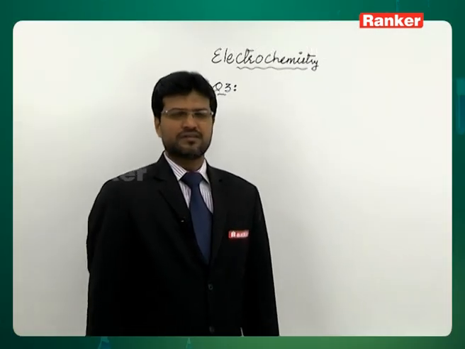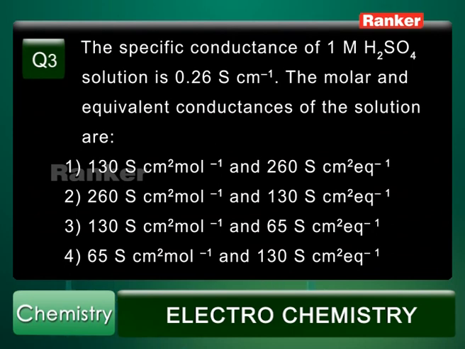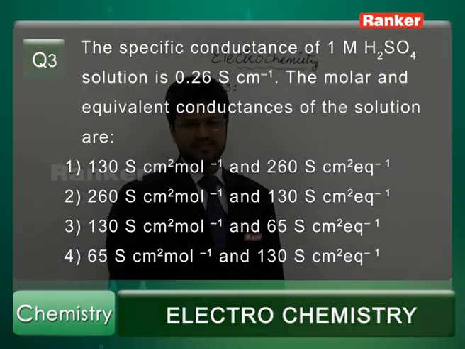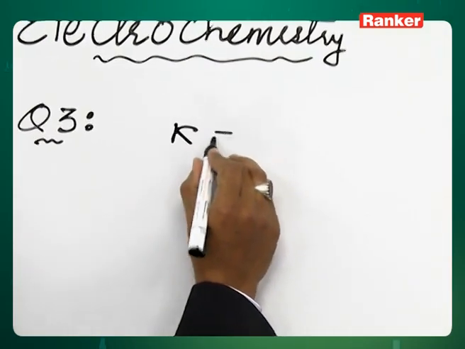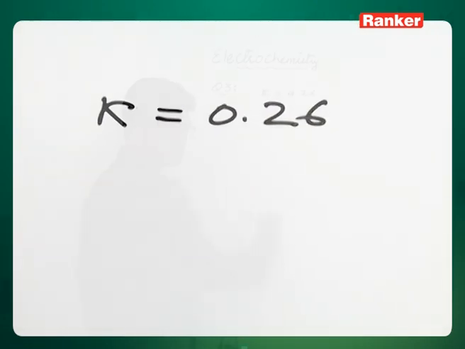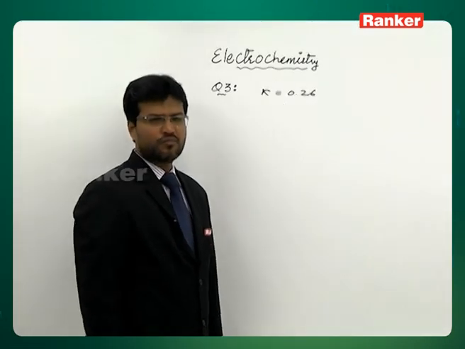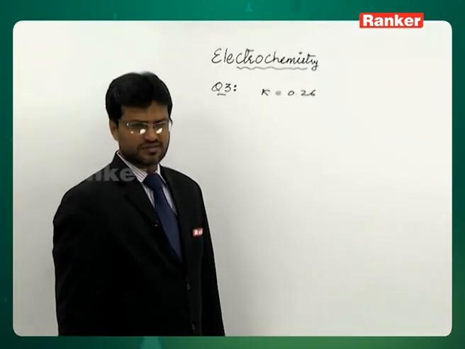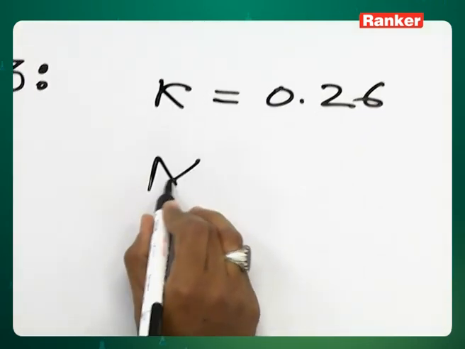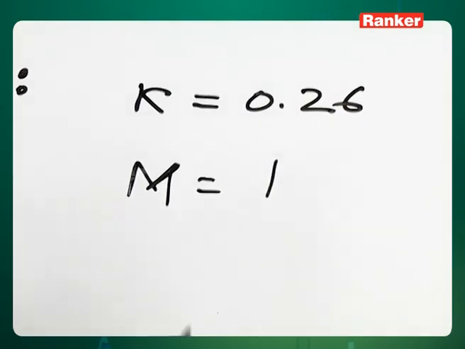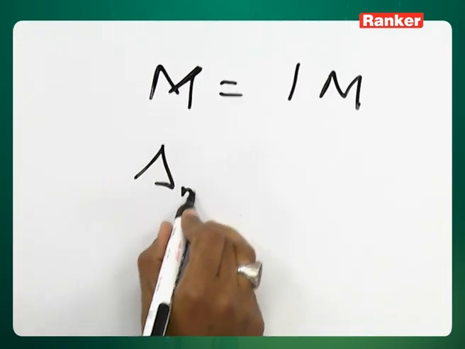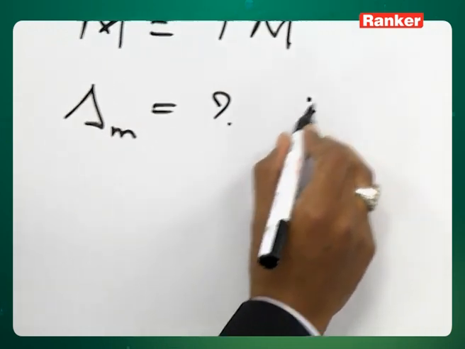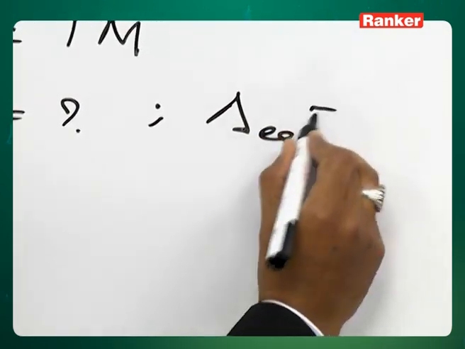Question number 3. The specific conductance of 1 M sulfuric acid solution is 0.26. So specific conductance is kappa. It is 0.26. The molar and equivalent conductance of the solution are, see, molarity is given as 1 M, and the question is molar conductance is how much and how much is the equivalent conductance.